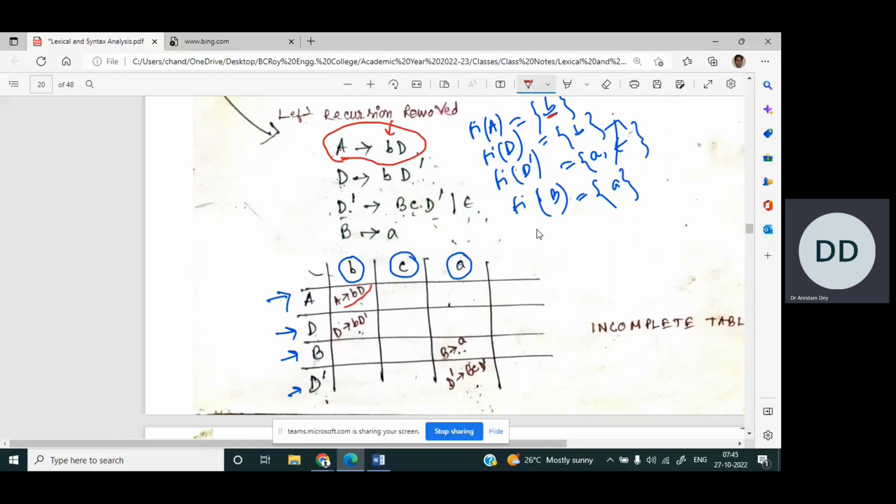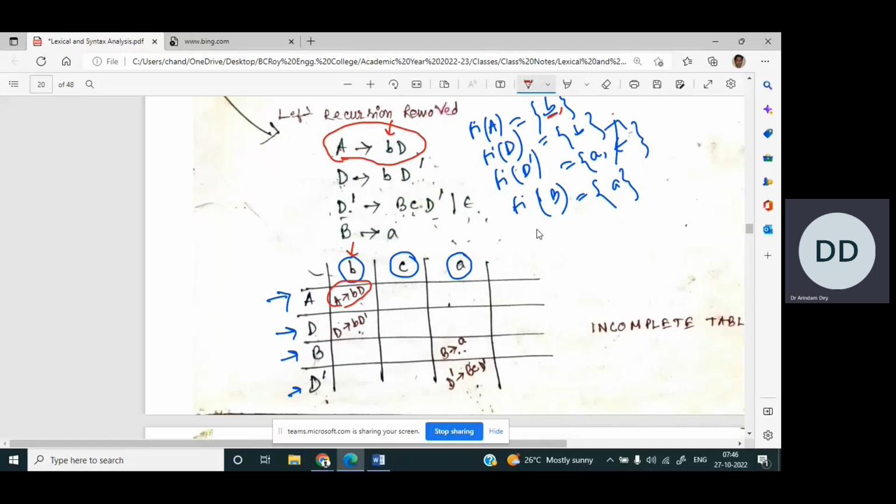So A to BD, that's why we have populated this cell corresponding to A and small b, right? Now are any other terminals there for first of A? No terminals are there. So only a single entry is there in the A row.